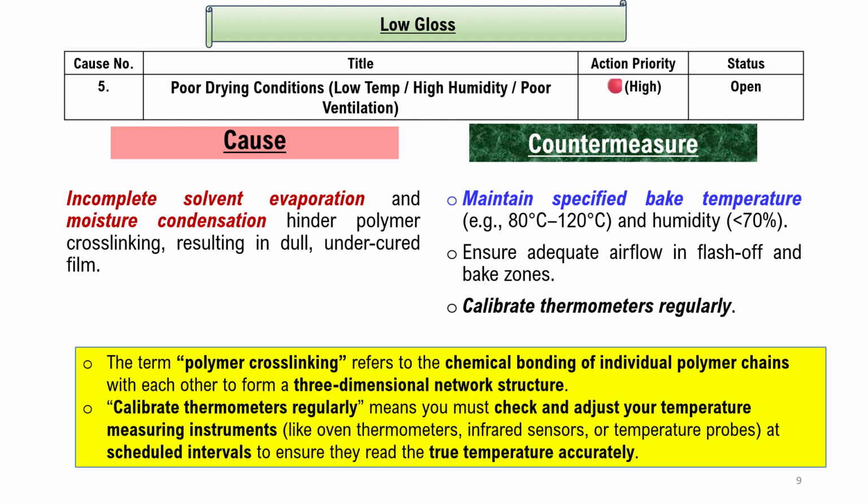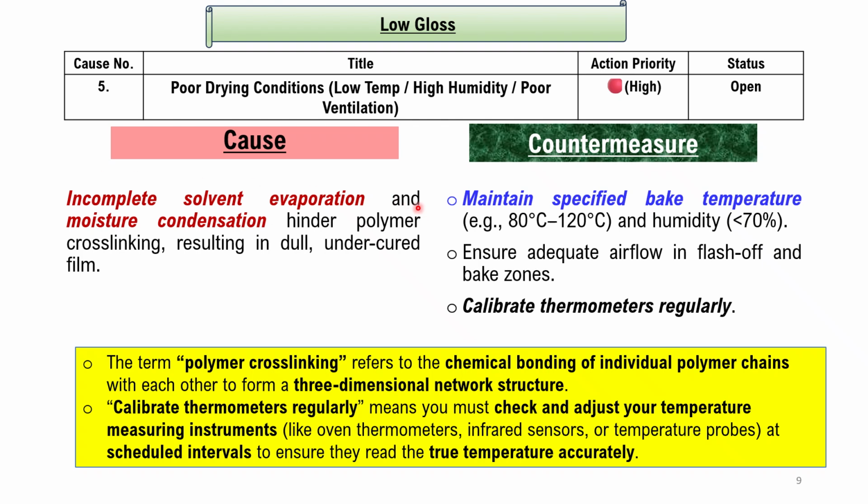For the fifth probable cause, poor drying conditions, that is, low temperature and high humidity, combined with poor ventilation systems. Incomplete solvent evaporation and moisture condensation hinder polymer cross-linking, resulting in dull, undercured film.